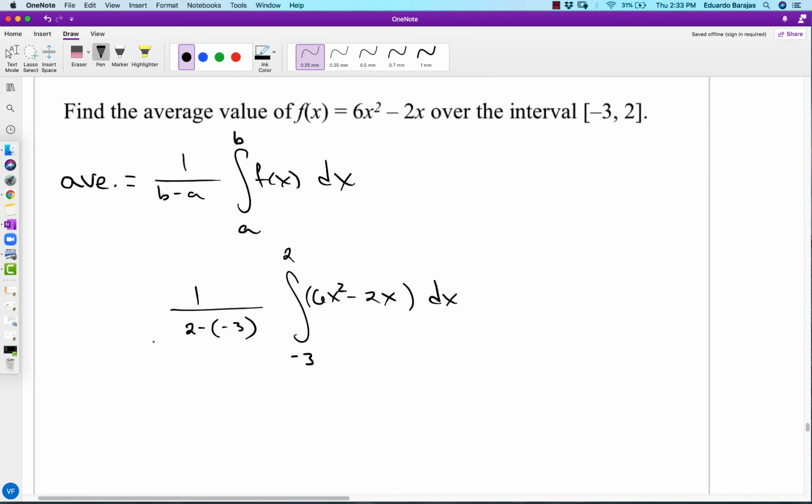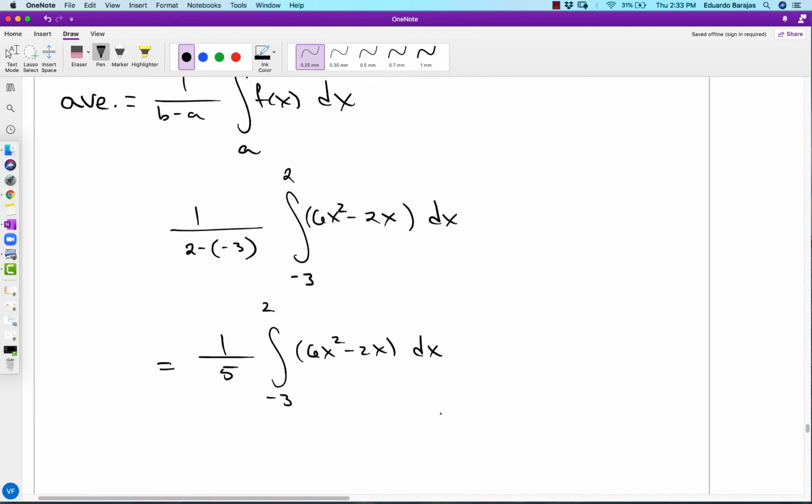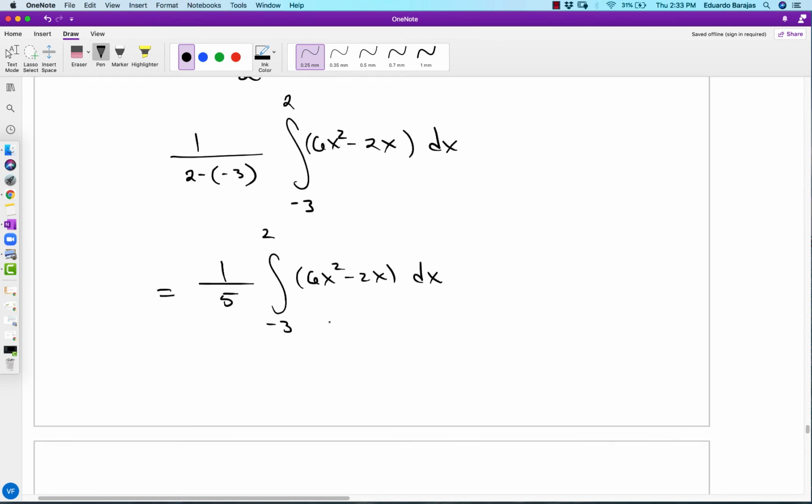Okay, so then this simplifies to 1 over, minus minus just becomes plus, so that's 1 over 5, integral from -3 to 2 of 6x squared minus 2x dx. So now we need to find an antiderivative for this. That's going to be easy.